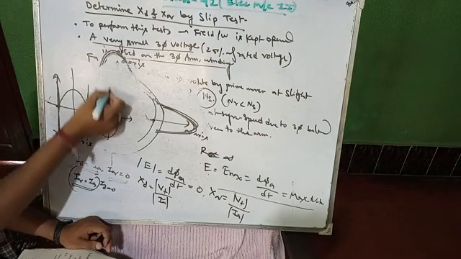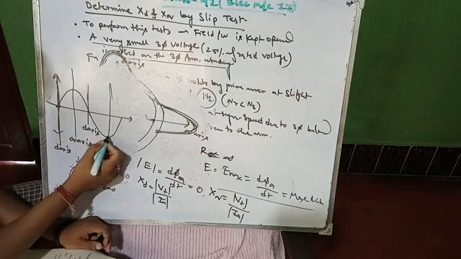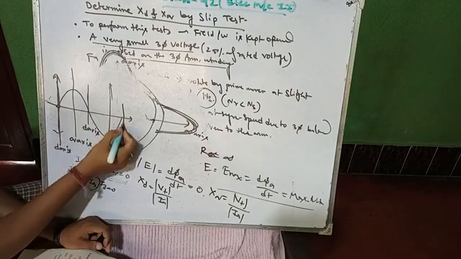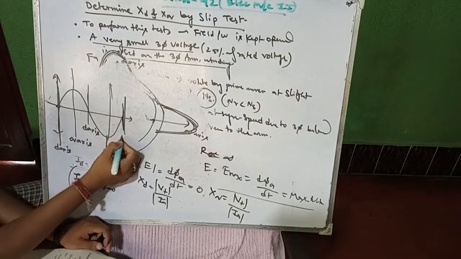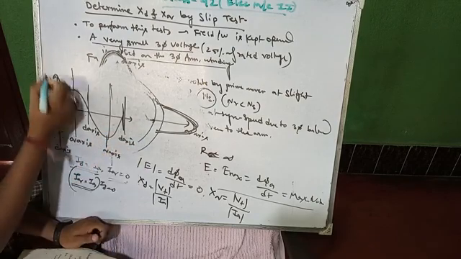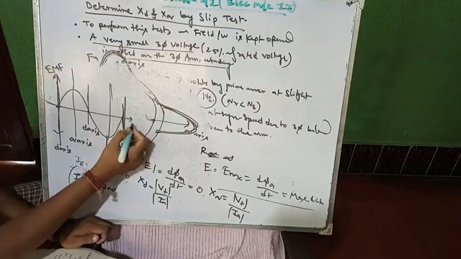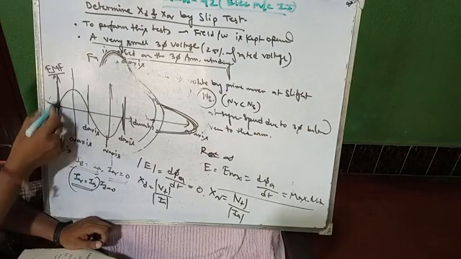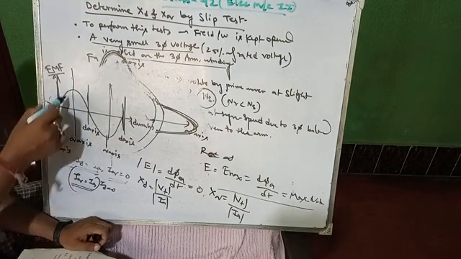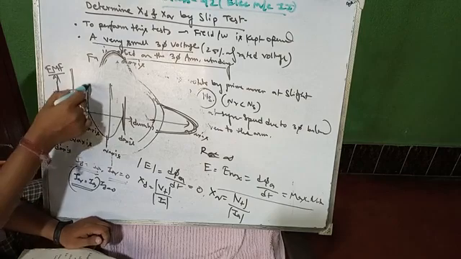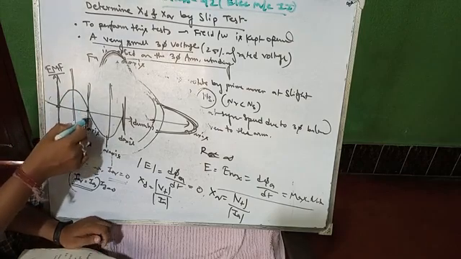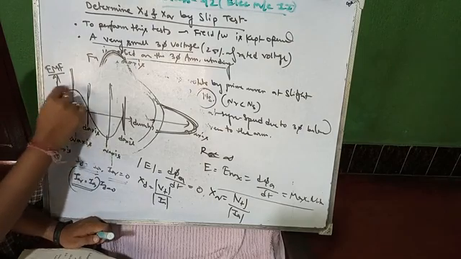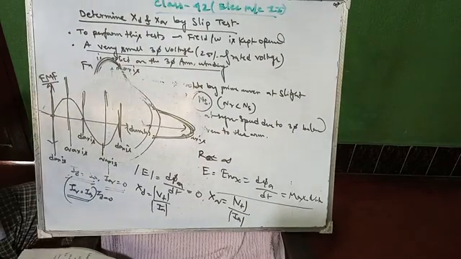When it is negative maximum, then it will be again the Q axis, and again when it is 0, it traces the D axis. So this is EMF, and this is duration or time. When EMF is 0, it will trace the D axis. When EMF is maximum, it will trace the Q axis. When again it is 0, it traces the D axis. Similarly, after a quarter of cycle, it changes.